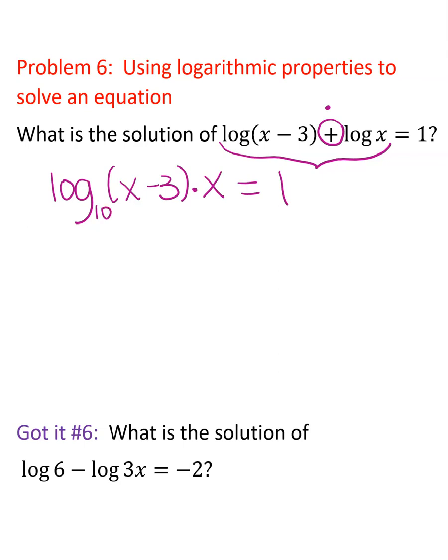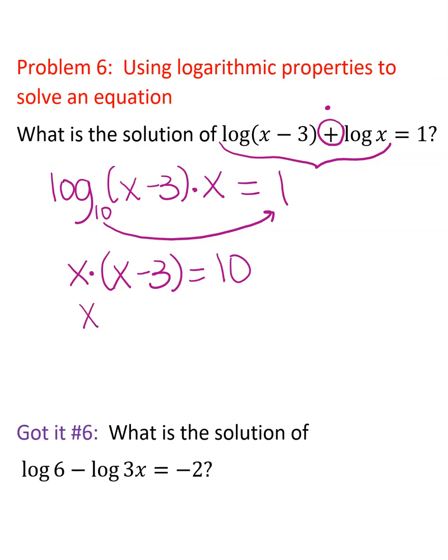Here is where the exponent comes in. We're going to swing it across. So we get x times x minus 3 equals 10 to the first, or just 10. Multiplying this out, x squared minus 3x equals 10. We'll bring the 10 to the left by subtracting. X squared minus 3x minus 10 equals 0.